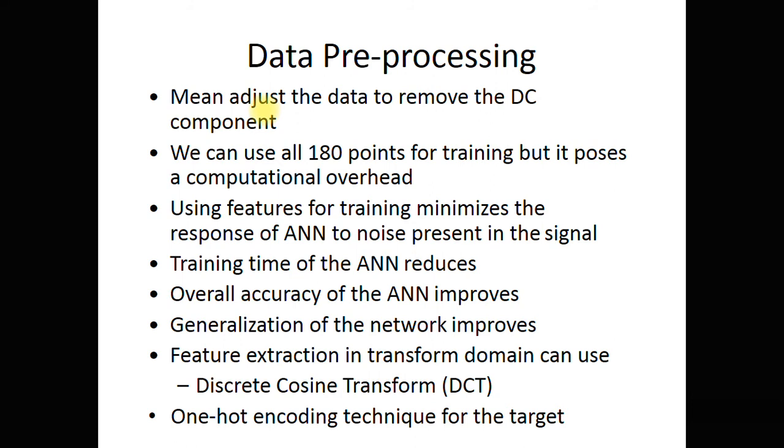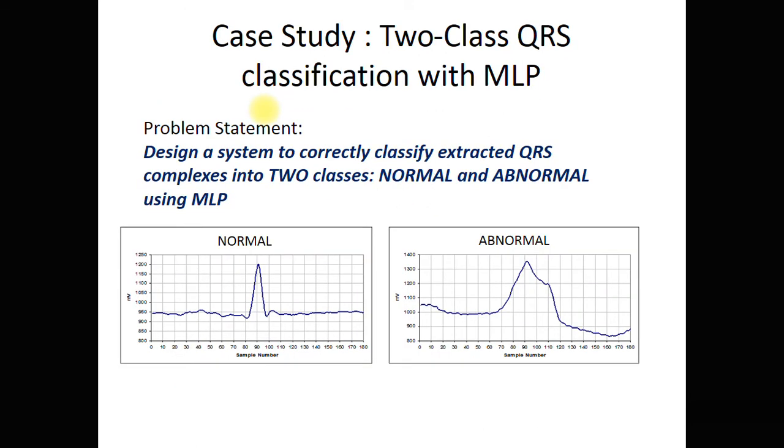If you remember, mean is nothing but the DC or the average value, and that we are going to subtract from each sample. Okay, we can use all 180 points. So remember, if you look at this very carefully, you will see that the entire ECG is captured in, let us say, 180 samples. How do I get these 180 samples?